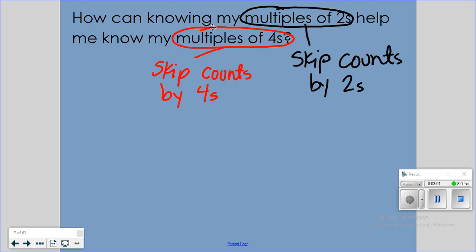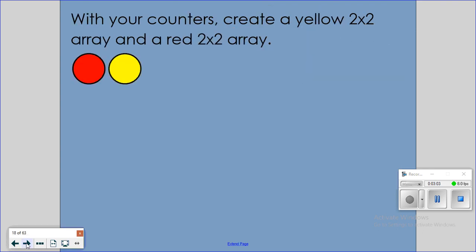Alright, so what we're going to do now, you can move your notebook down to the floor, put your pencil in it, close it, put it on the floor, that way it's in your spot. Get out your counters. You can get out all of them, that's fine. I'll give you some seconds to get out your counters.